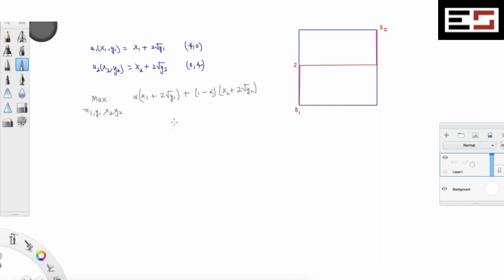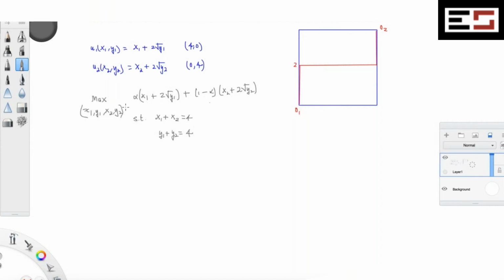Subject to the constraint that x1 plus x2 is equal to 4, y1 plus y2 is equal to 4. Do you agree this is how we can write the optimization problem?